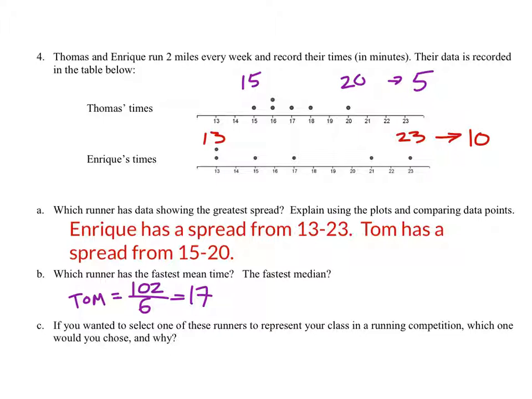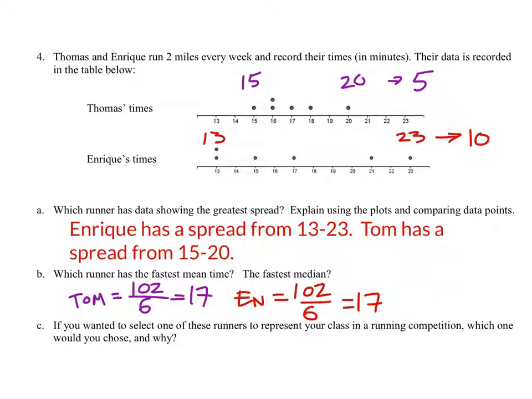And then let's do Enrique. So we got the two 13s, the 15, 17, 21, and 23. So Enrique has a sum of 102 just like Tom does. But Enrique has 6 times. So that also will be 17. So as the fastest mean time, none of them do.